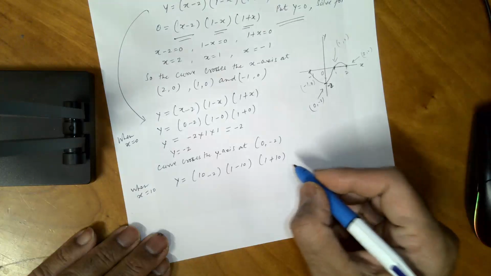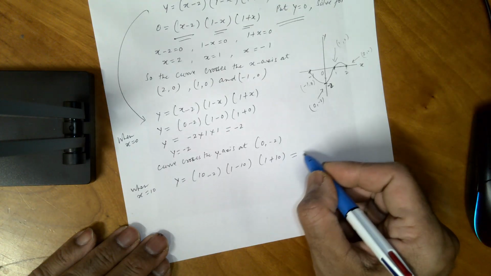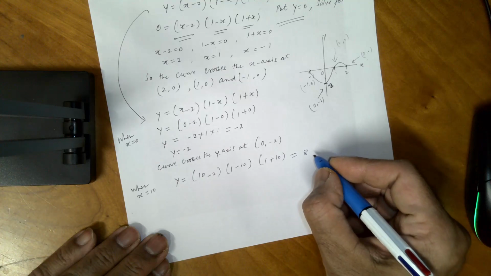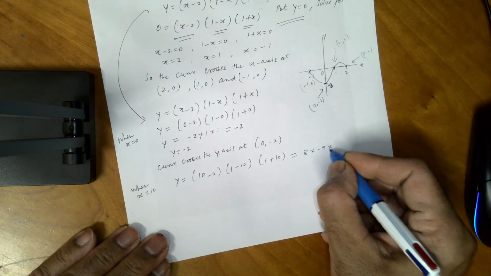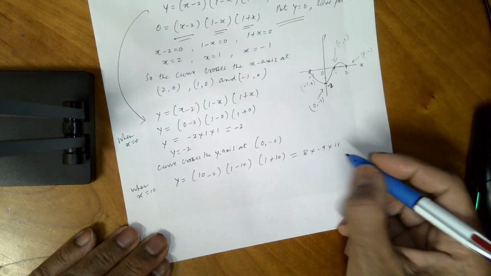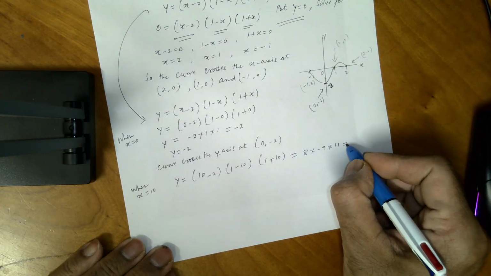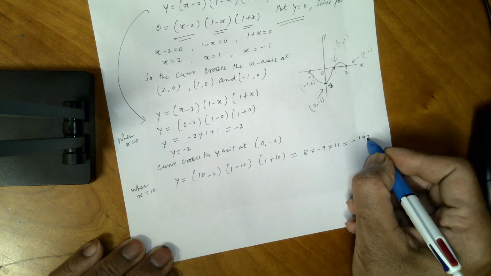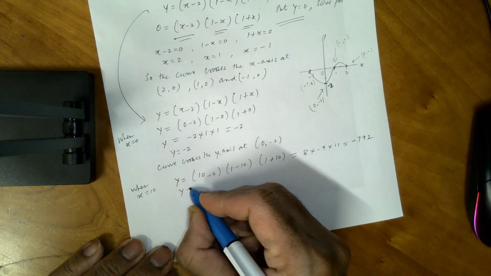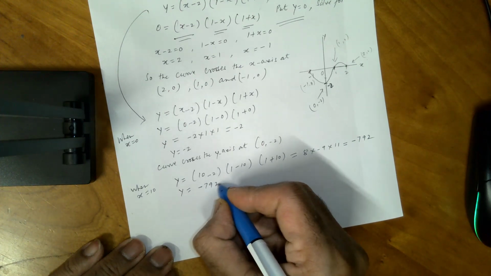That's from the equation. So you got 8, multiply minus 9, multiply 11. That will come to minus 792. So your y value would be negative 792.